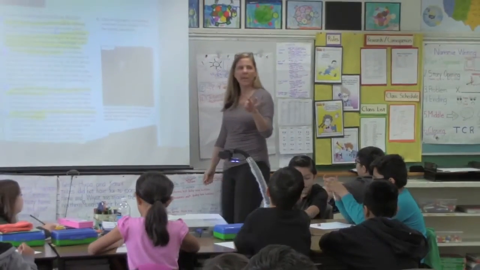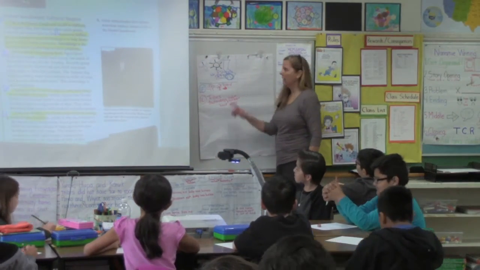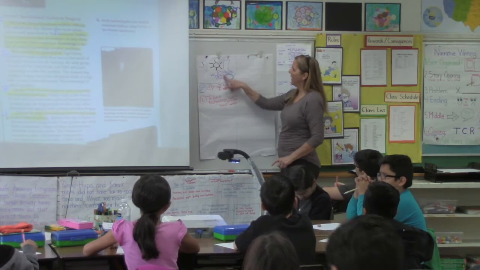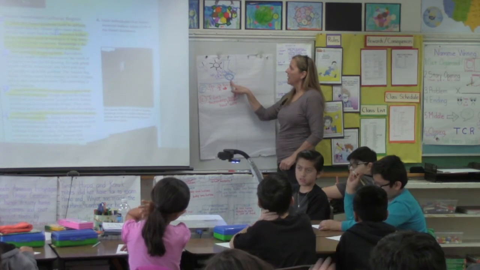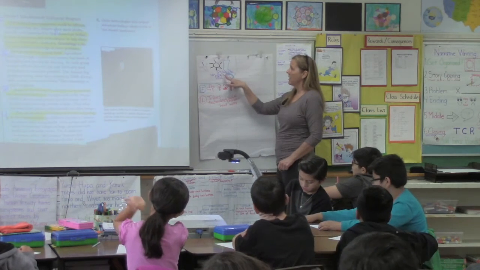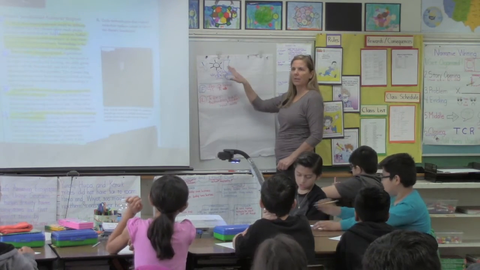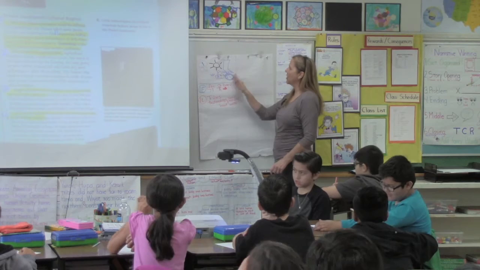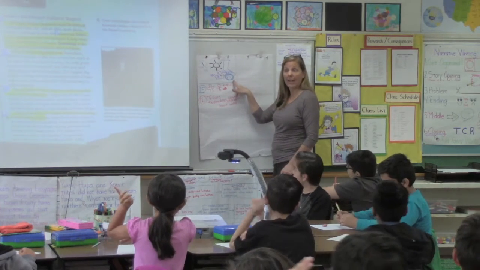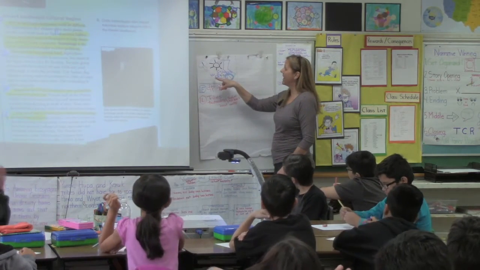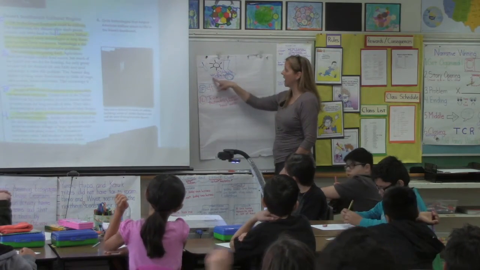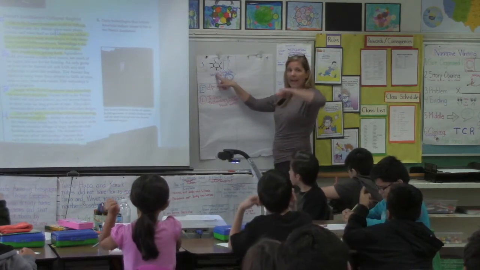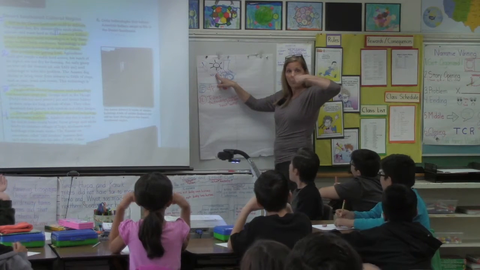Let's go back and read our notes. Are you ready, guys? Okay, let's go up here. In the Southwest Desert region, which people are we talking about? Okay, then let's do it. Go. In the Southwest region of California, Native Americans, what do they do? Had different ways.